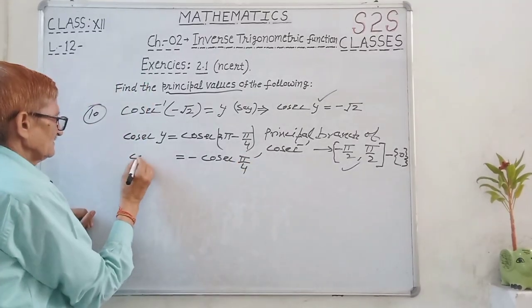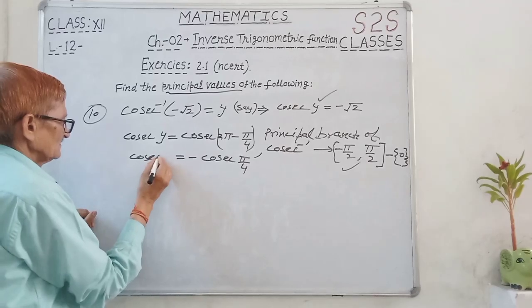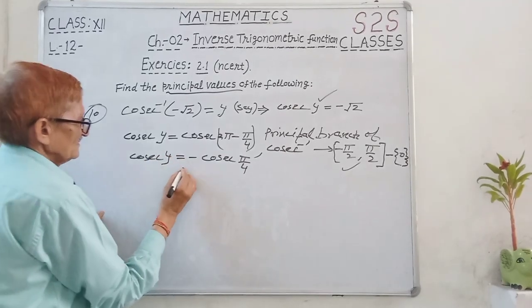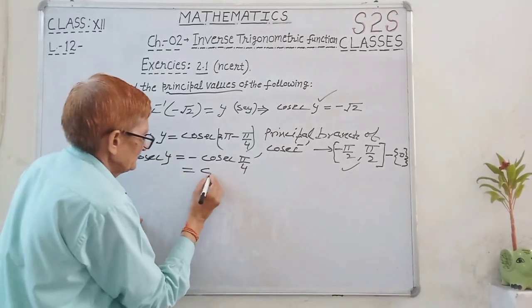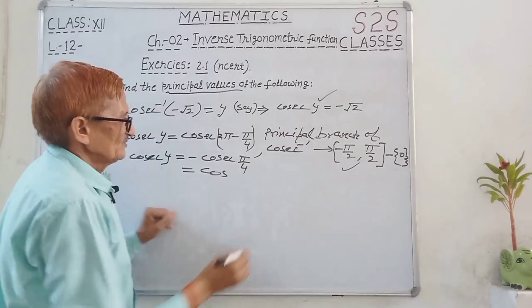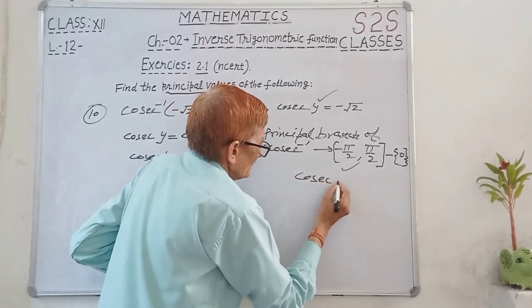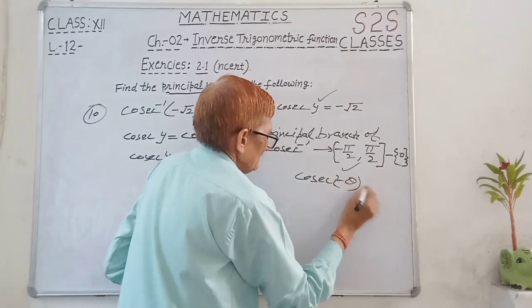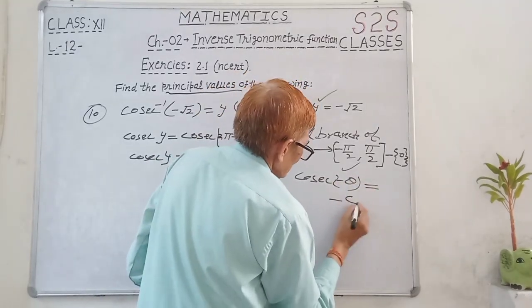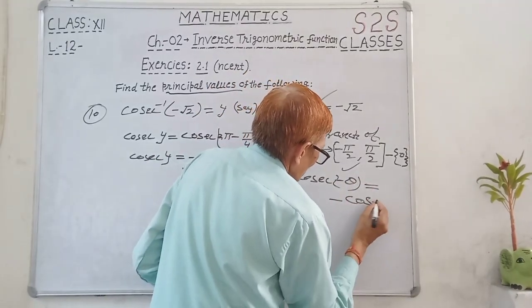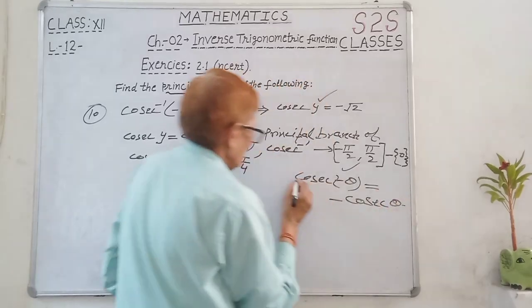Then this minus will go inside, because cosec of minus theta is equal to minus cosec theta.